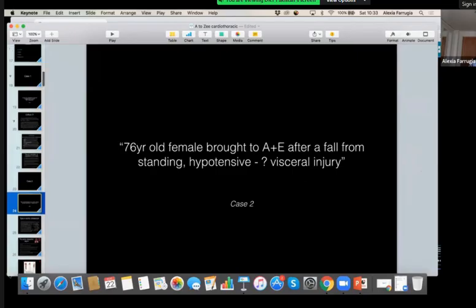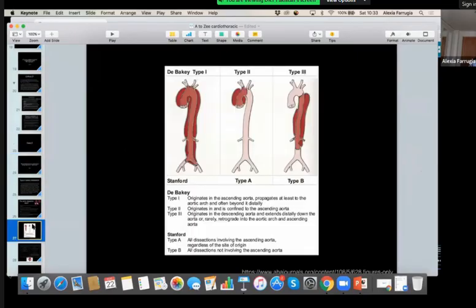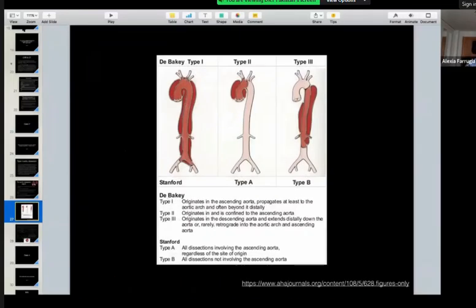Okay. So let's go through the DeBakey and the Stanford classifications. The DeBakey classification is subdivided into type 1, type 2, and type 3. As you said, this was a DeBakey type 3 or a Stanford type A aortic dissection.